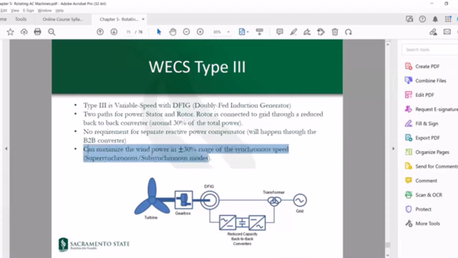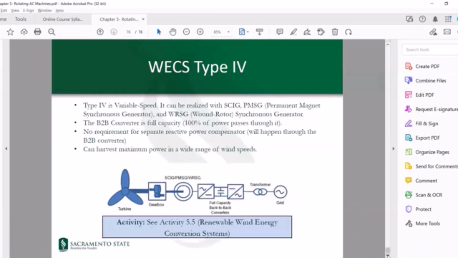They can maximize the wind power in the plus minus 30% range. And they can work both above the synchronous speed and below the synchronous speed. When we were talking about induction generators, we said that the squirrel cage needs to work above the synchronous speed. But in DFIG, doubly fed, you can go both above and below the synchronous speed. So that's another difference between DFIG and SCIG.